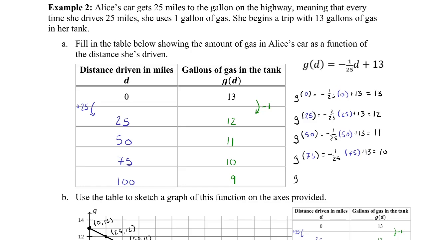And g of 100 is going to be negative 1/25 times 100 plus 13, which is indeed 9. So, plugging into that function, we do indeed get the values of g of d that we were expecting. So that function really does fit the table that we have.